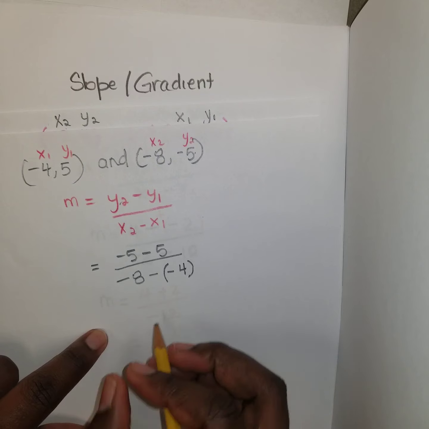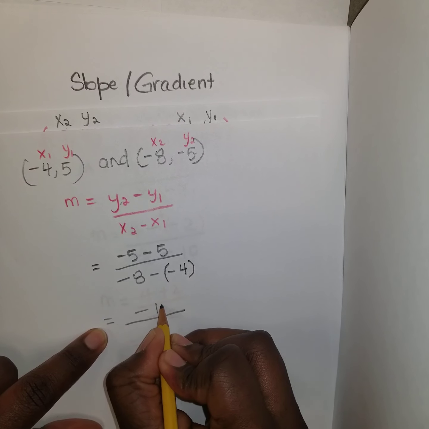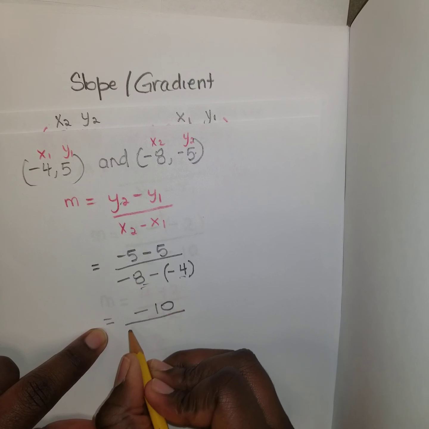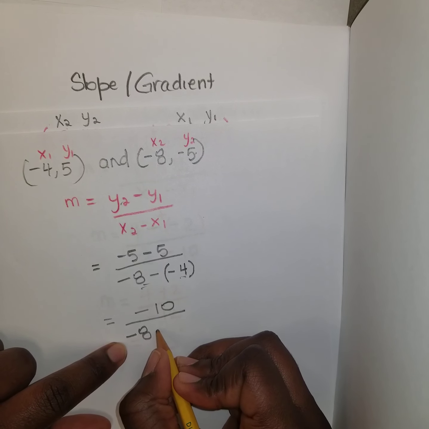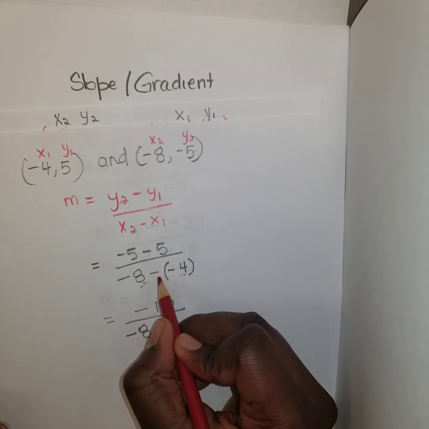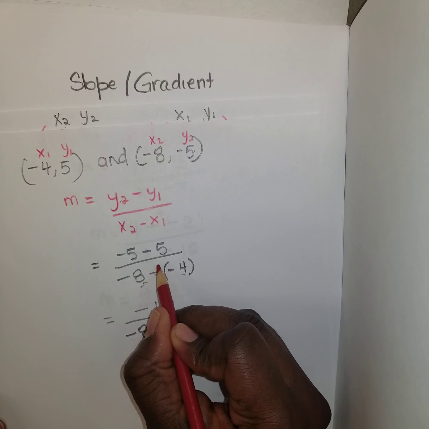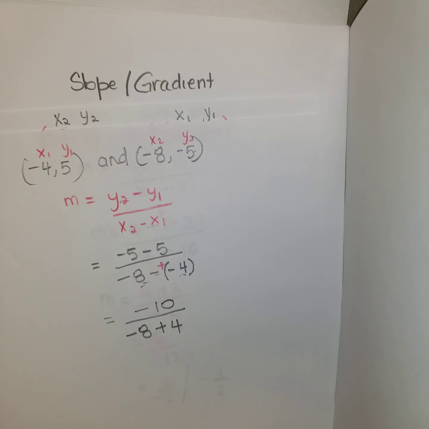So the same rule applies for the denominator. So the numerator is a negative 10. The denominator, it's going to be a negative 8 plus 4. How do you get a plus 4 here? Negative, negative, make a positive. All right? So it's very important that we make note of that.